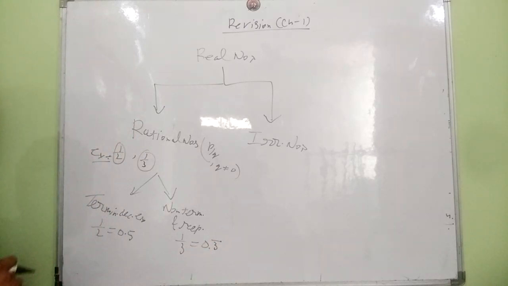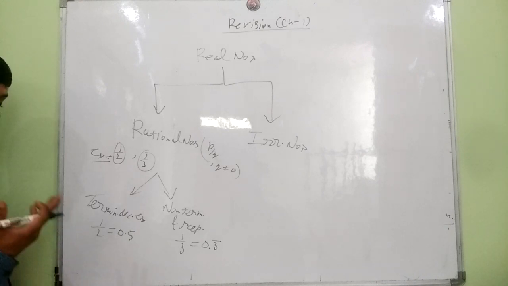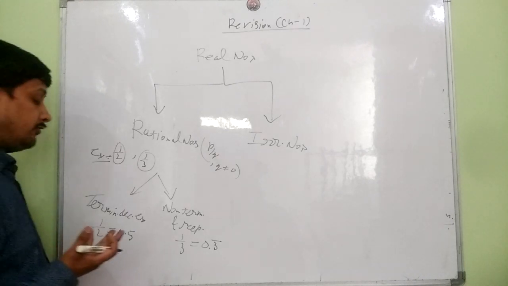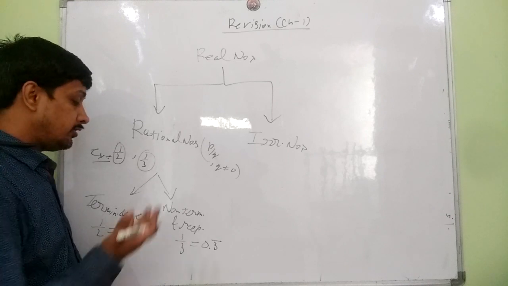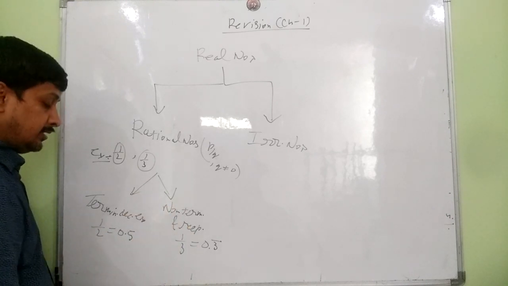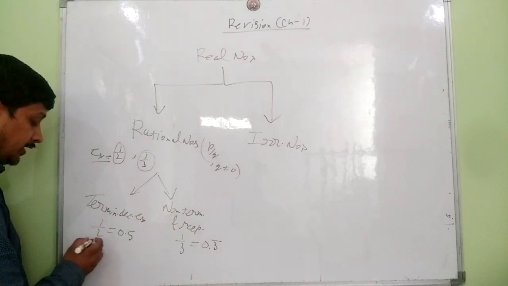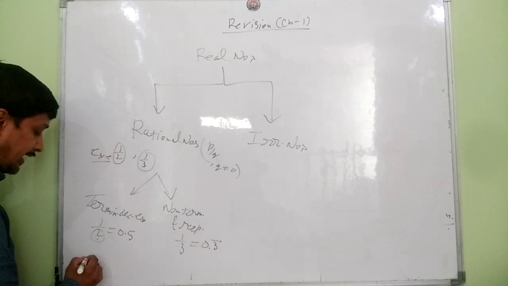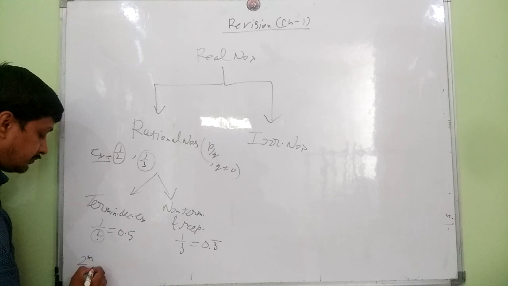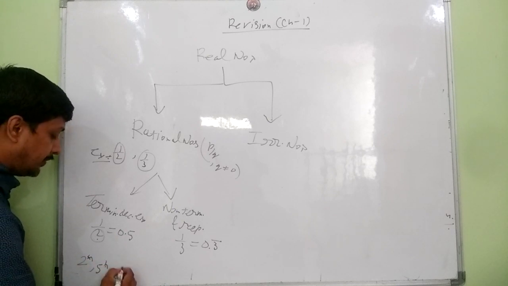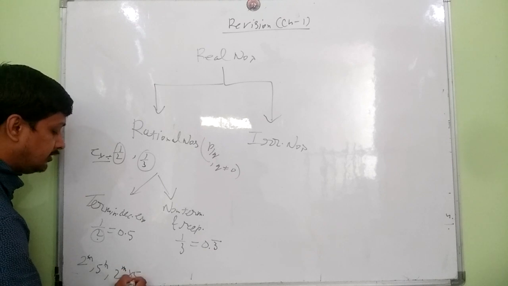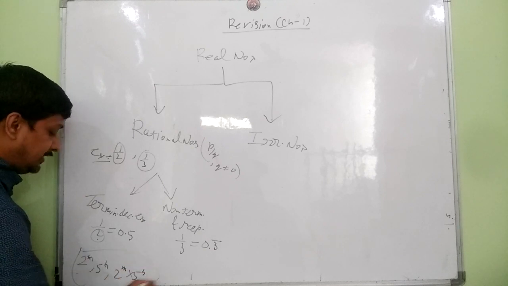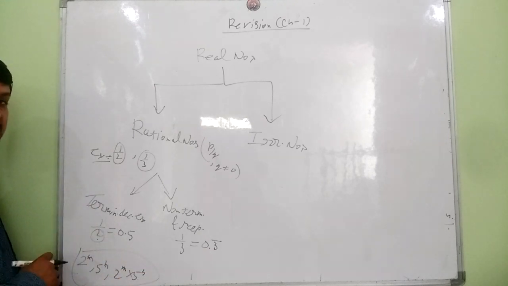So how can we check whether the rational number will have a terminating or a non-terminating repeating decimal expansion? If the denominator is in the form of 2 to the power n or 5 to the power n, or their combined form, 2 to the power n into 5 to the power n, then it will have a terminating decimal expansion.